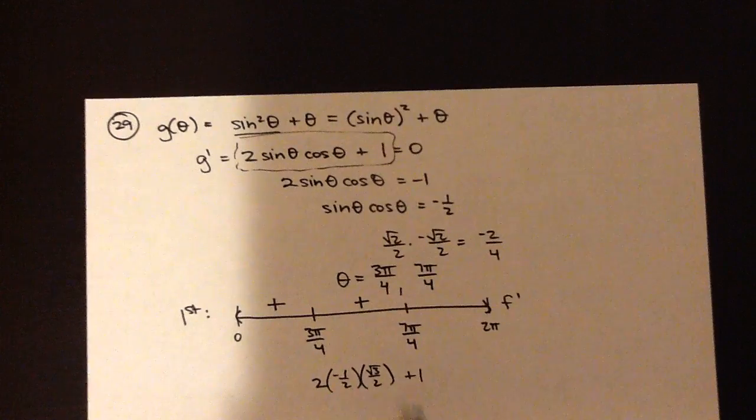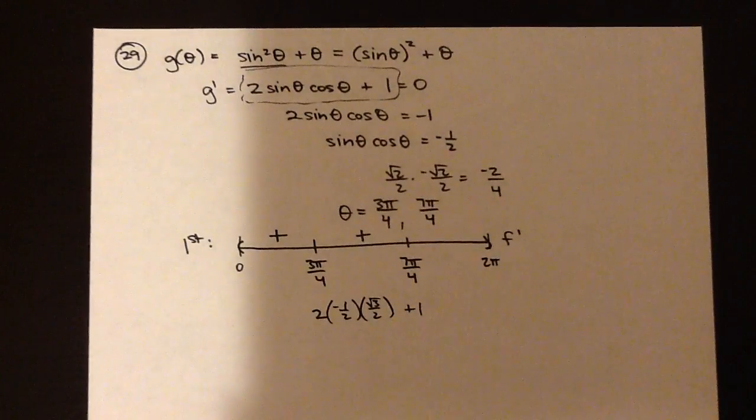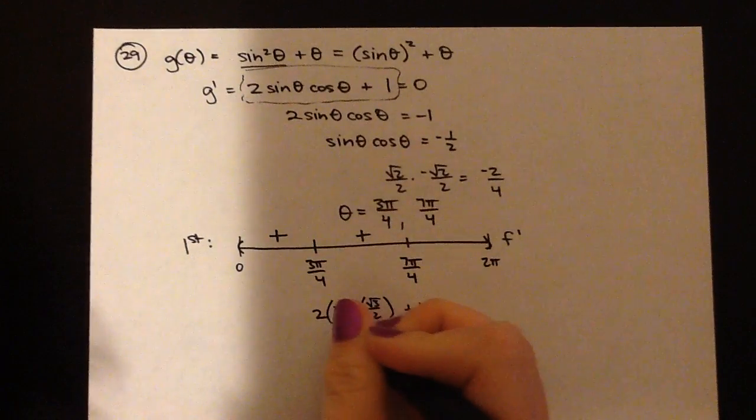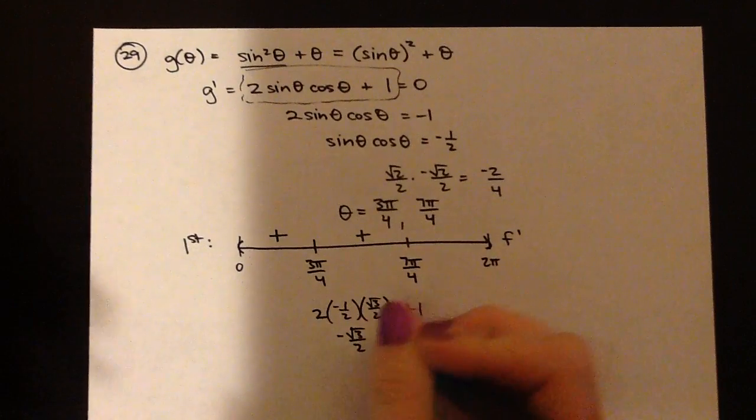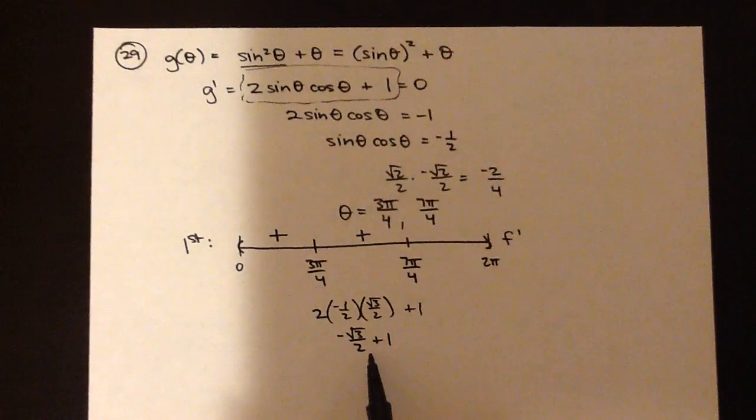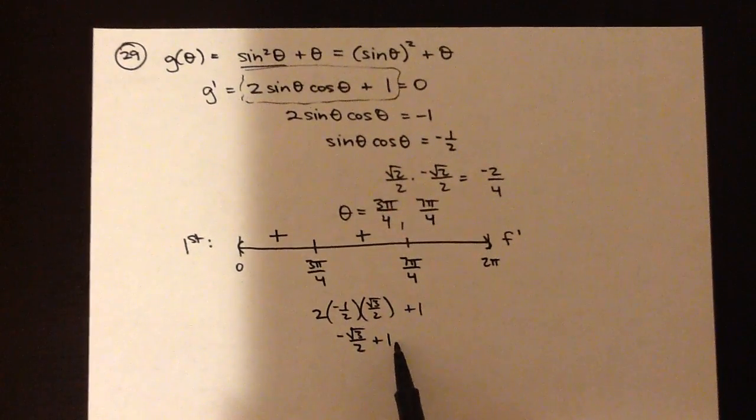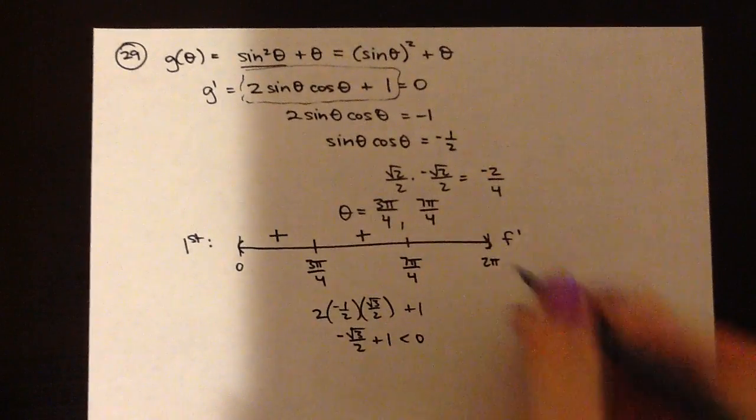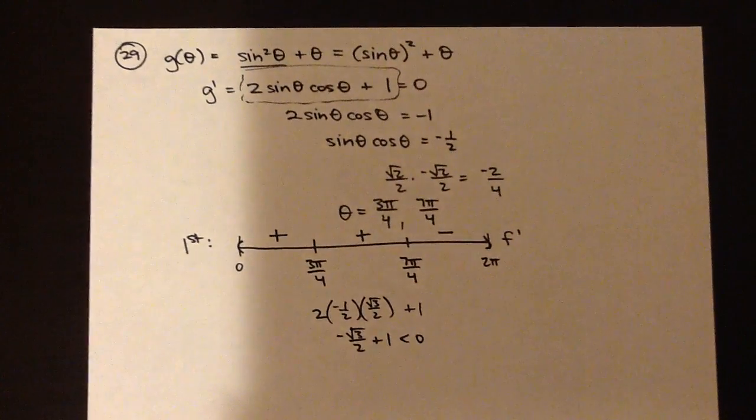Basically, we just need to know if this is going to overtake the positive 1. Multiply everything out, and I'm going to get a negative root 3 over 2 plus 1. Negative root 3 over 2 is actually bigger than 1, and so this overtakes it. This does come out negative.